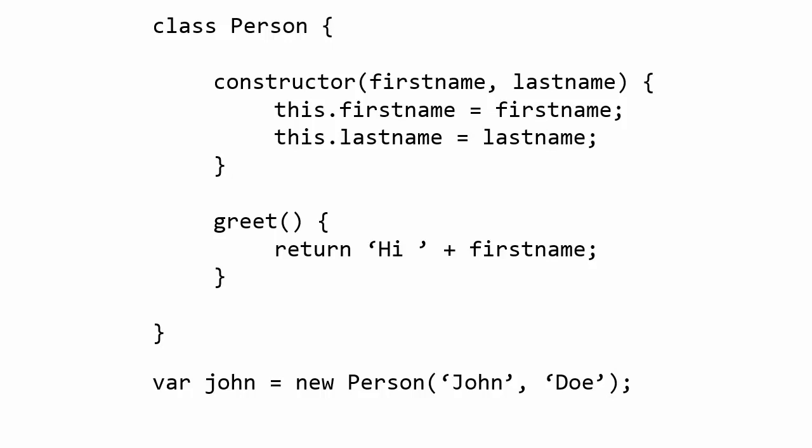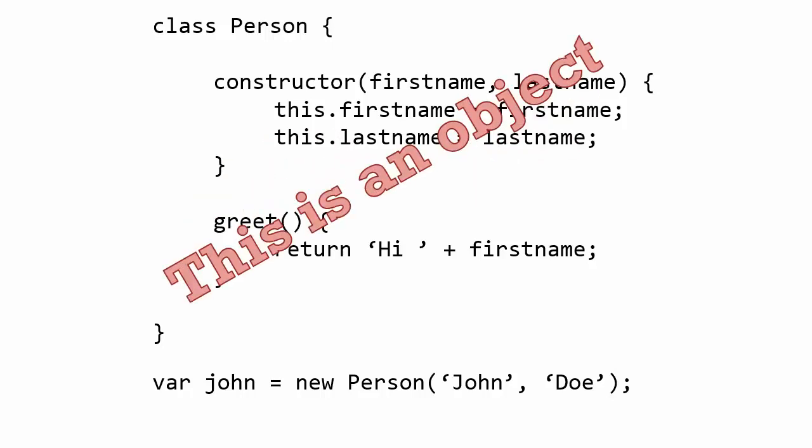But JavaScript, even though it's adding the class keyword, still doesn't have classes in that sense, because this is an object in JavaScript. This class person actually is an object that's created, and then you're creating new objects from that object. And that's okay.